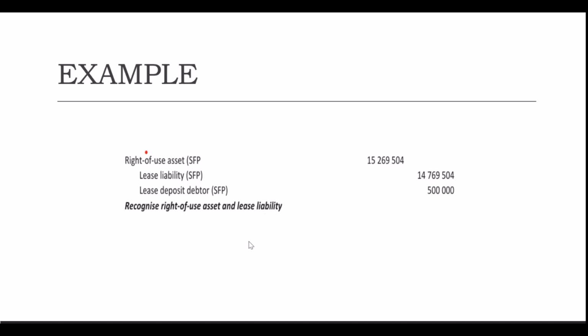Remember, they also had a lease deposit, a debtor of 500,000, and this is what increased the value of the right of use of asset. So the right of use of the asset starts off with 14,769,504. Then we add any other payments, right? Legal fees, deposit, and all those things. We can call it a day.